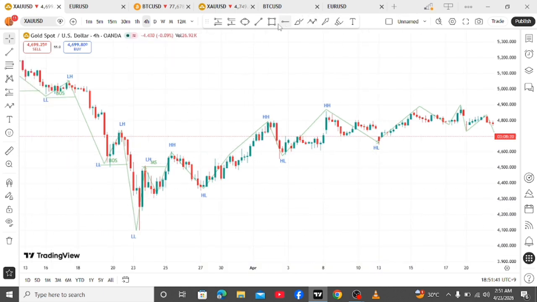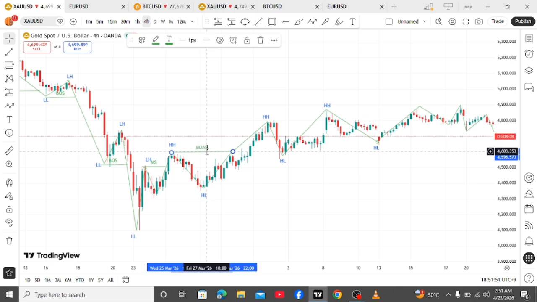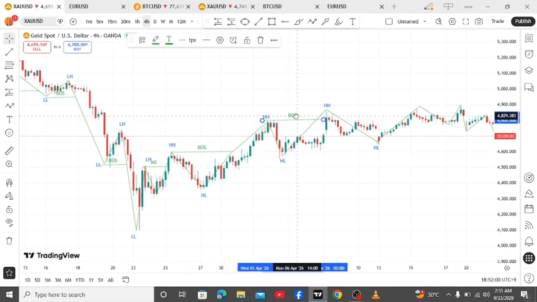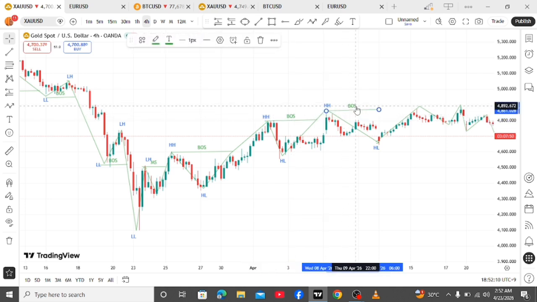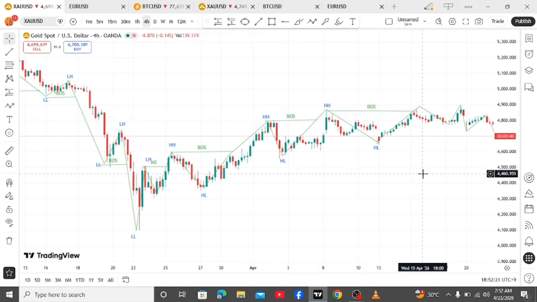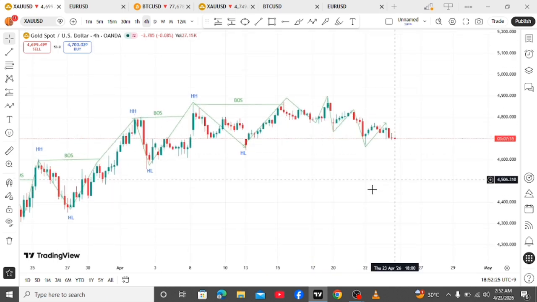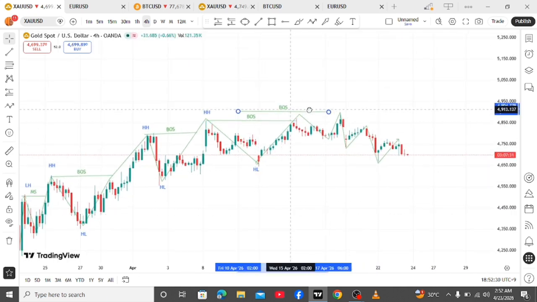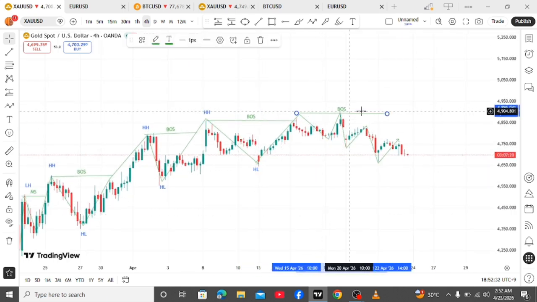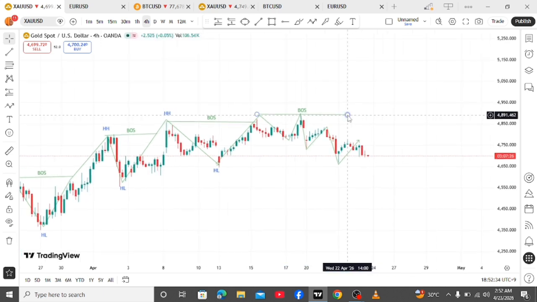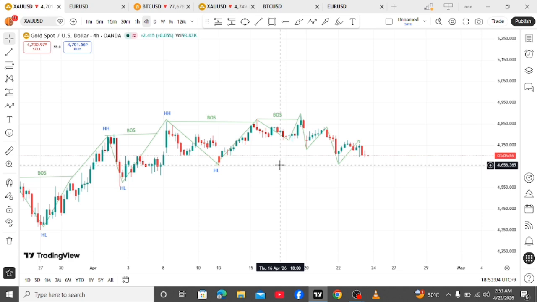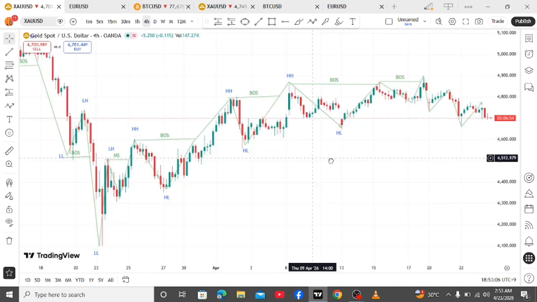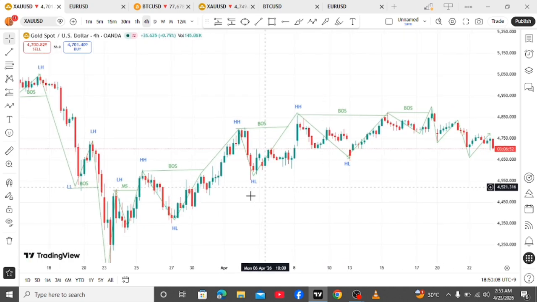So these are your break of structure. So these are your break of structure to the upside. They are like confirmation that the market is really going up.